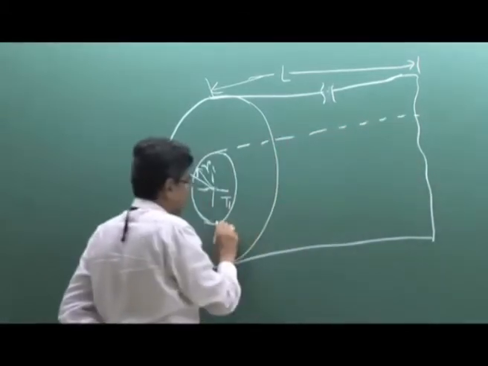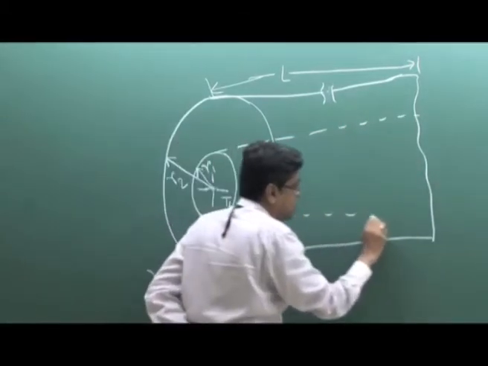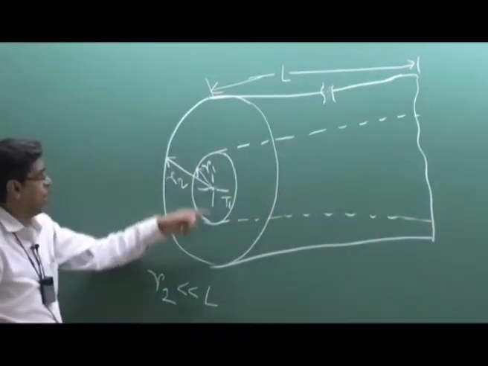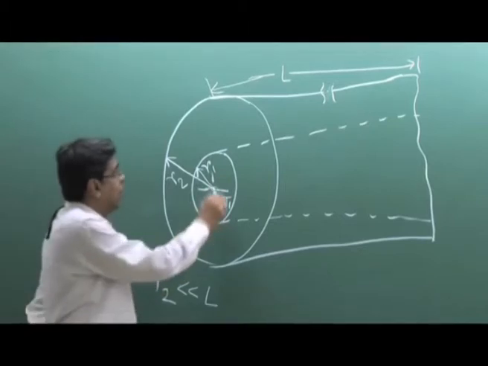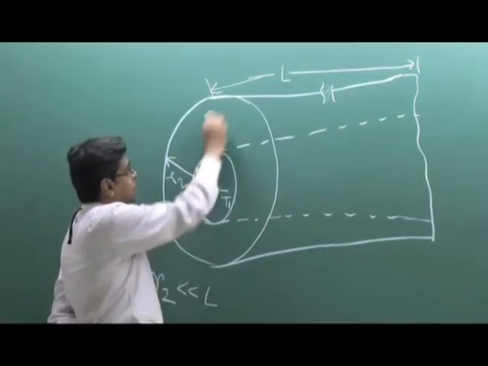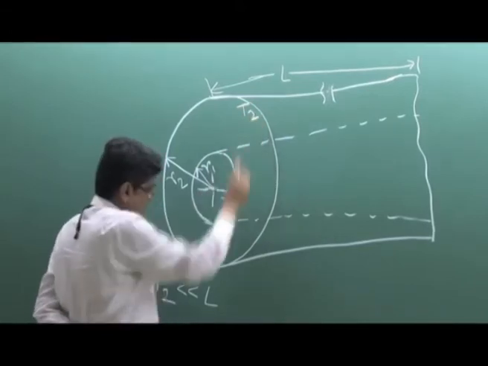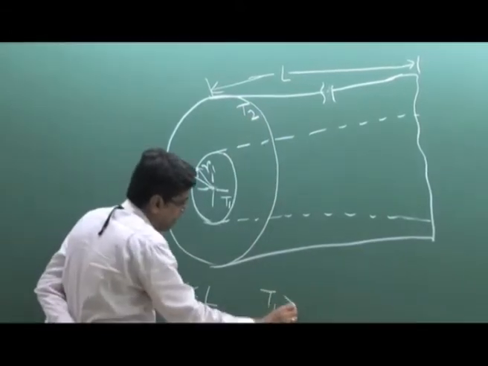So the inner cylindrical surface at R1 is maintained at T1, while the outer surface is maintained at a temperature T2, and T1 is greater than T2.